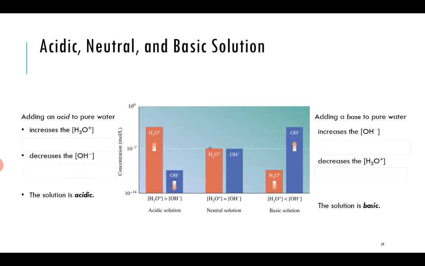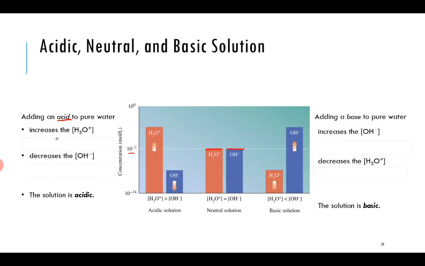In neutral water, the H3O plus and hydroxide ion concentrations were equal, and they were 10 to the minus 7th power. If you add an acid to water, acids donate protons to water, which would increase the H3O plus concentration.